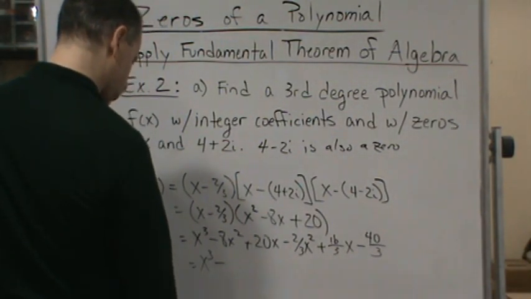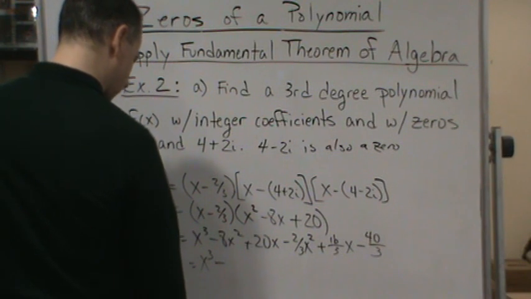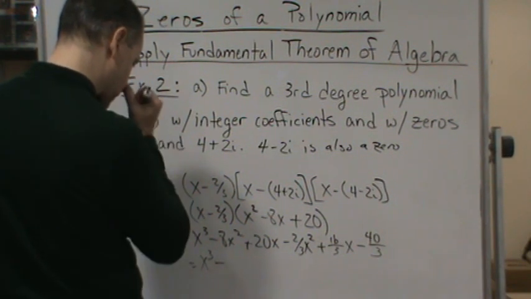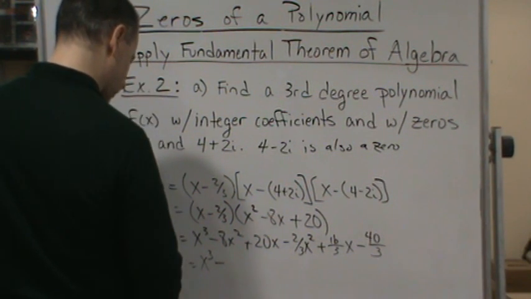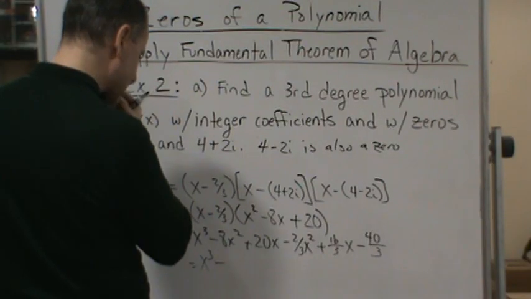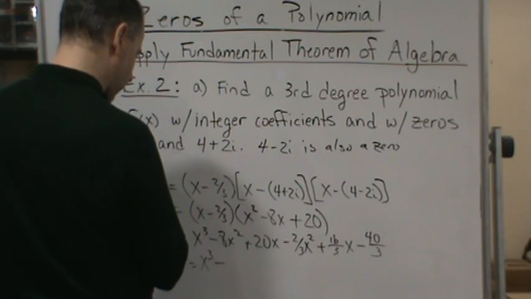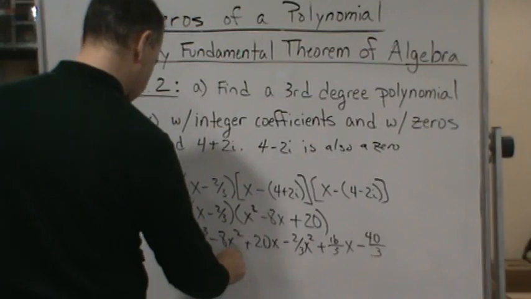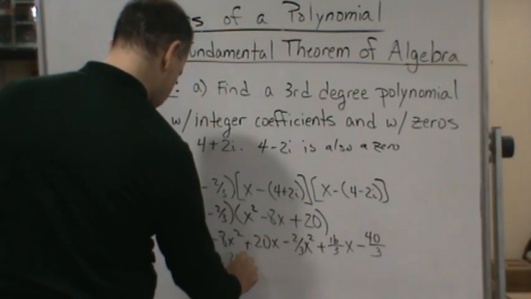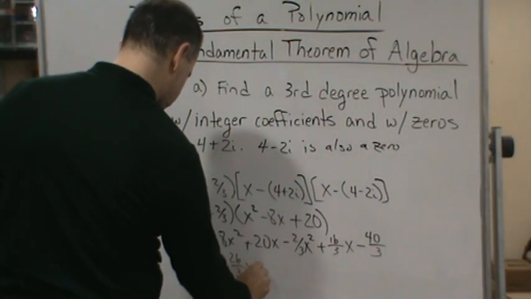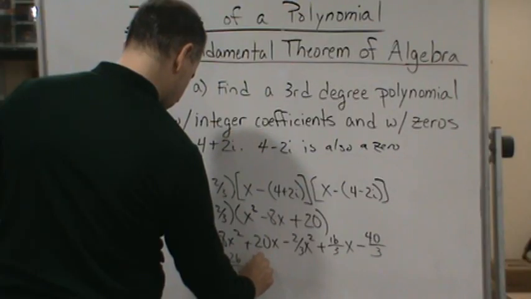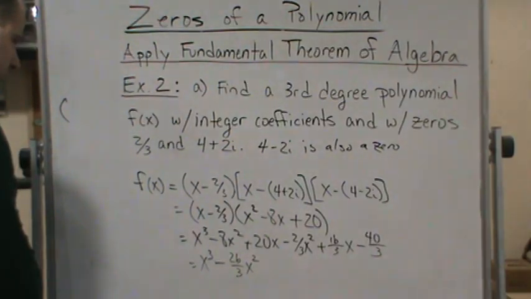And now if I combine like terms, I'm going to get x cubed minus 8 2/3 x squared, which is going to give me 26 thirds x squared.